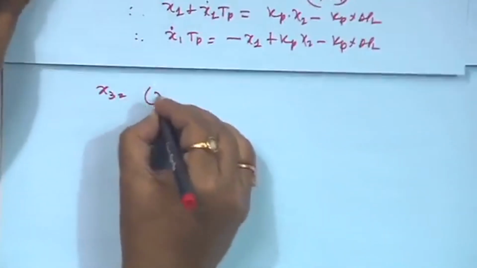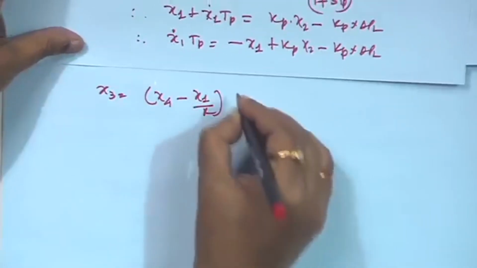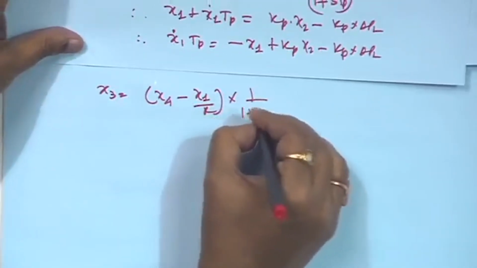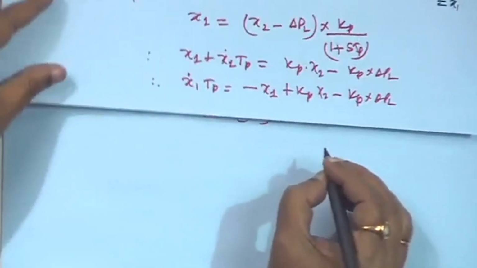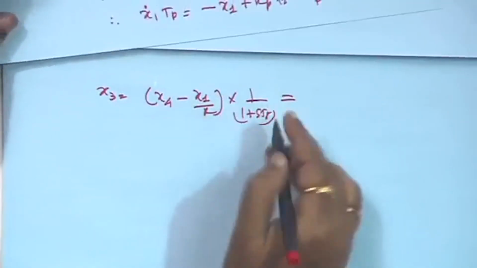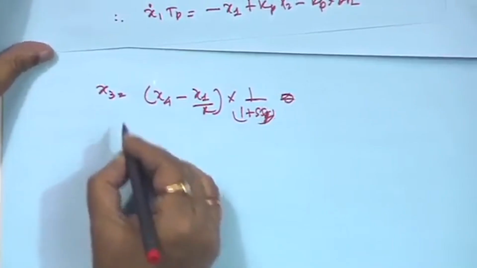So, it is (x4 minus x1 upon R) into 1 upon (1 plus s Tg), which is equal to x3. So, this is your Tg. Now, cross multiply.